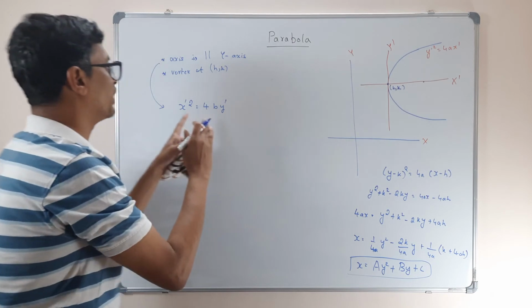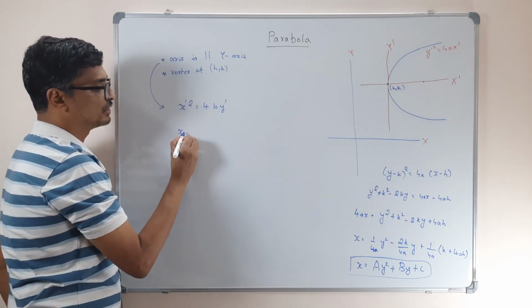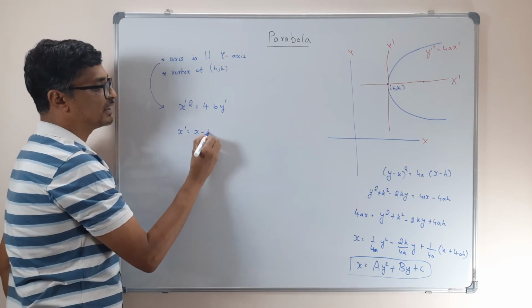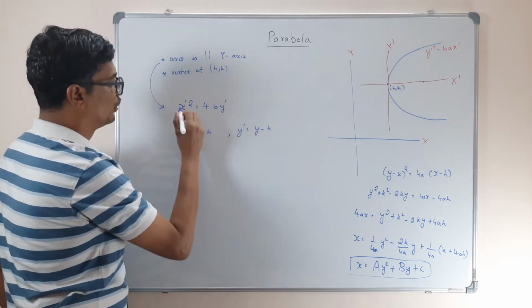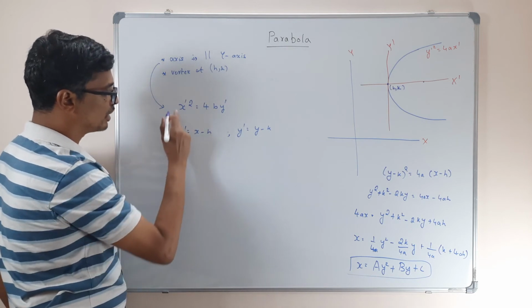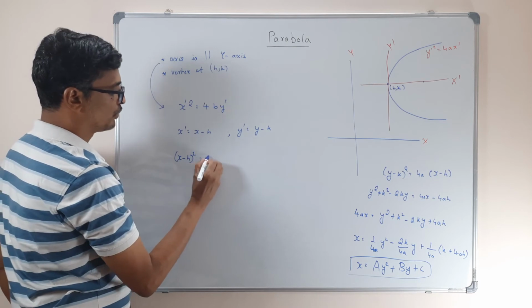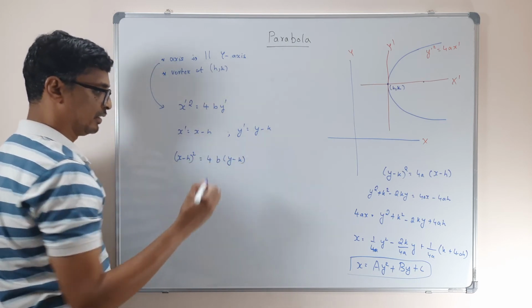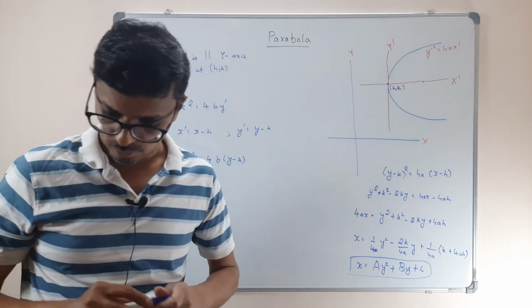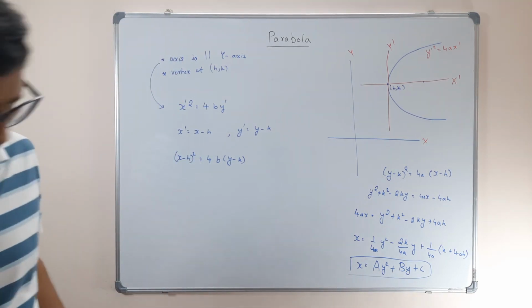Now the vertex is given, so x prime equals x minus h and y prime equals y minus k. So we are going to have (x minus h) whole square equals 4b(y minus k). That's all. If you want, you can expand it further. That's all you have to do.